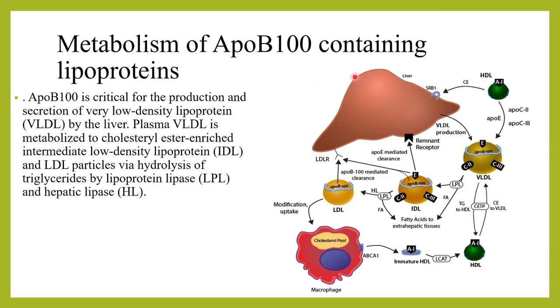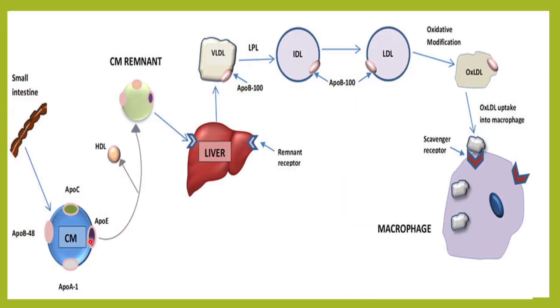So this is how I was telling you that this is the liver. Here you can see these are all the LDL receptors, and here you can see there are receptors for the remnants also, because whatever remnants are there, they will be taken by the HDL into this one. From the small intestine, we got the chylomicron remnant entering the liver. From the liver we found VLDL, that got converted into IDL, that converted into LDL.